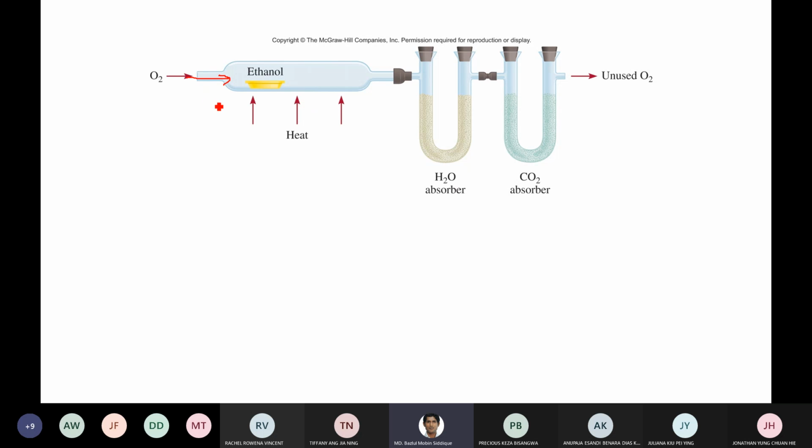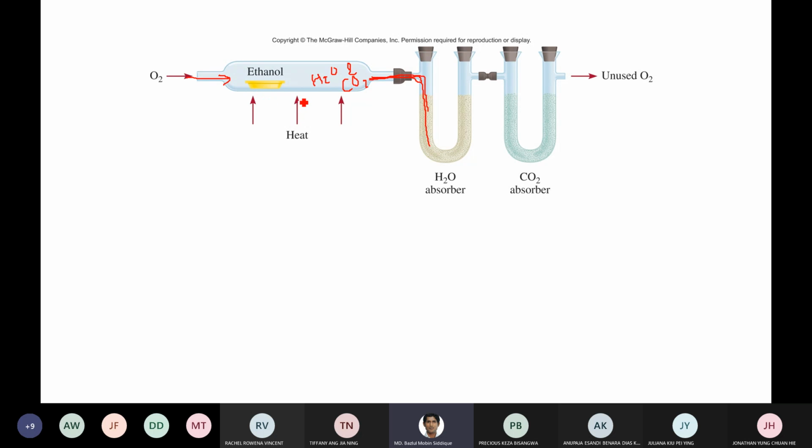We already know that if we burn ethanol, water and carbon dioxide will be produced, right? Don't become confused that water and carbon dioxide both are produced here. The produced gas is water vapor, all right? So water vapor and carbon dioxide gas are produced here.